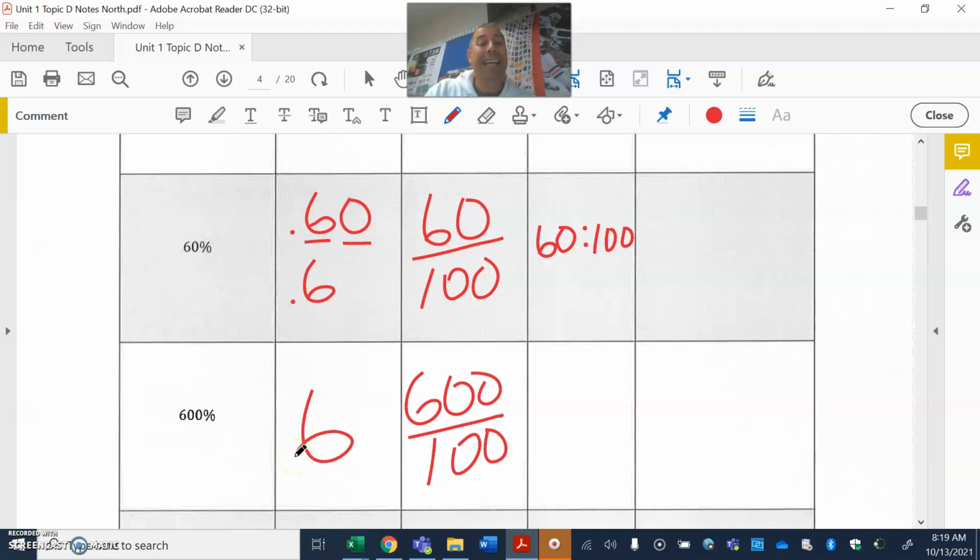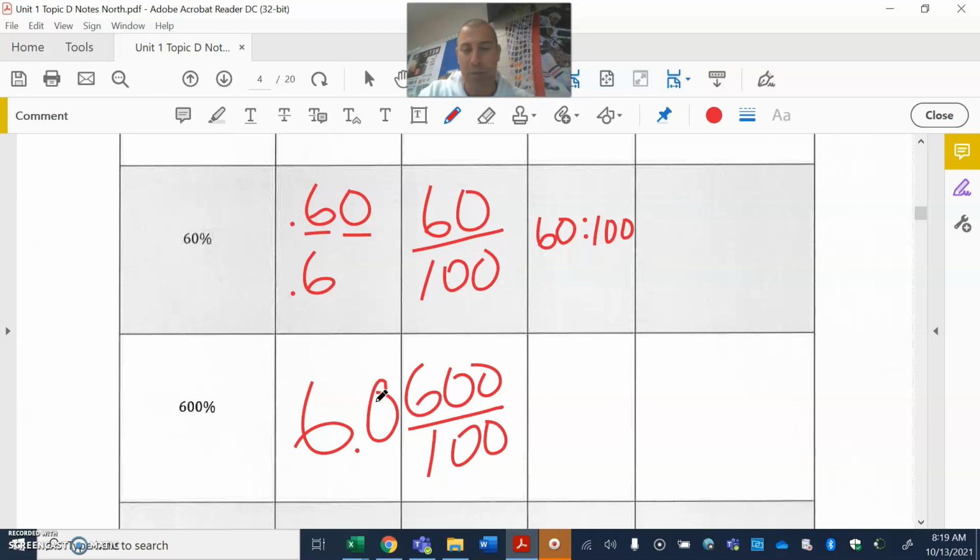So technically that's the decimal. You might say there's no decimal there, but there is, it's a whole number. If you want to, go ahead, 6.0, 6 and 0 tenths. When we're over 100%, we're over 1 whole. That's something we want to be aware of.